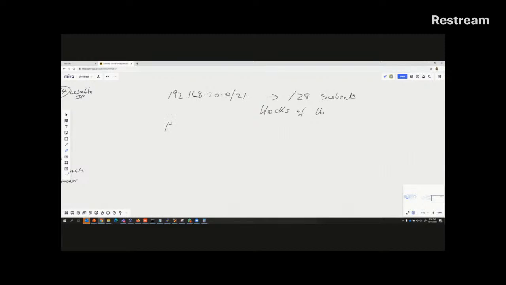So now we would be going from 192.168.20.0, which is the network ID for the first one. Then the first usable is 192.168.20.1, all the way up to 14. So the first usable now is 20.1, right?